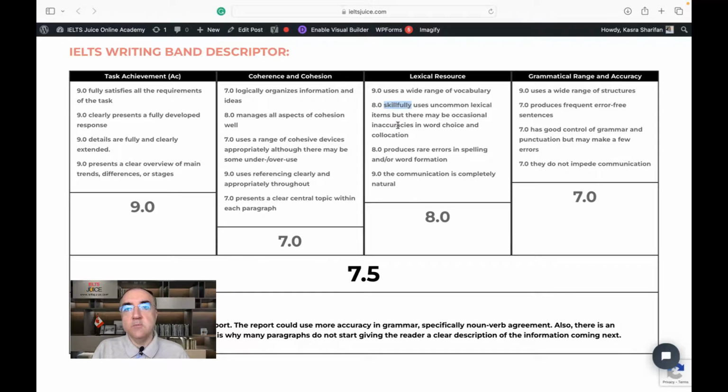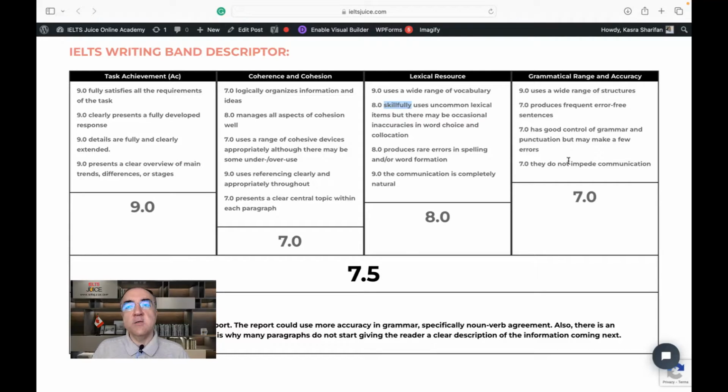And remember, I told you the use of these uncommon words, like exceedingly, that was skillful. I could understand as a reader there were skills involved in choosing certain words in the report. The vocabulary gave me no issue in communication, but again, it's not natural.